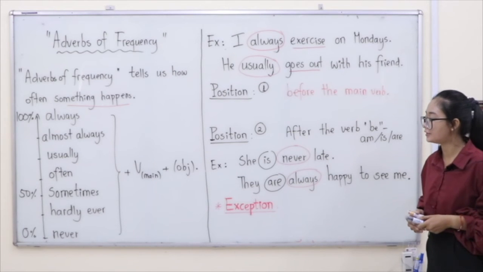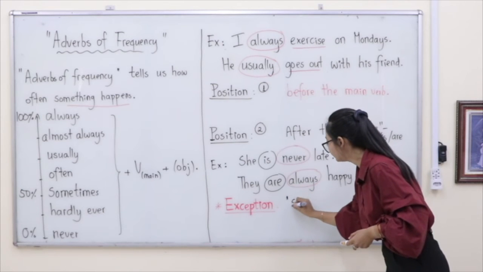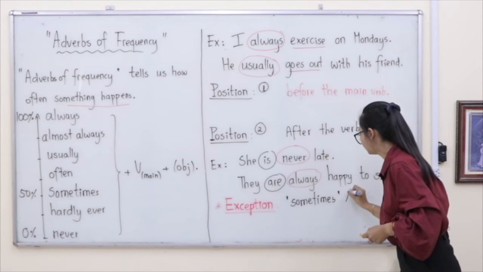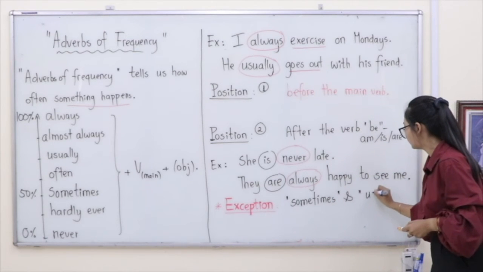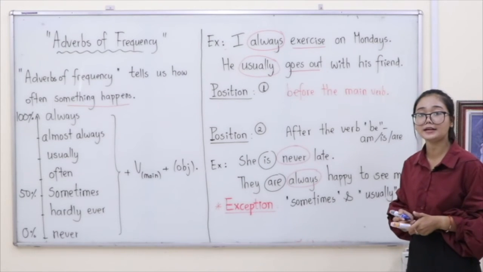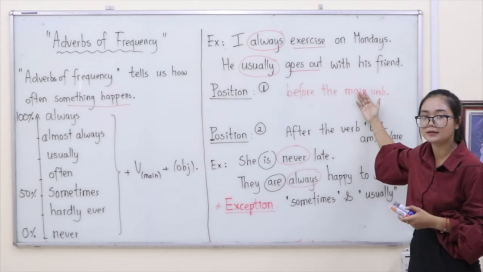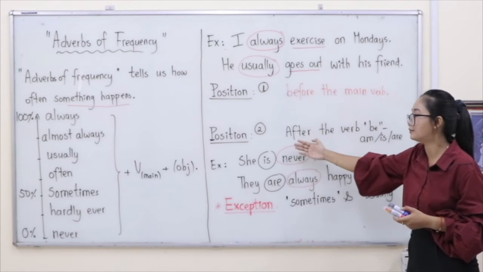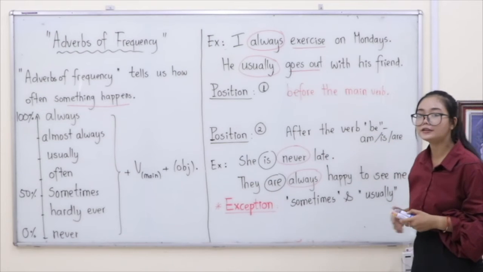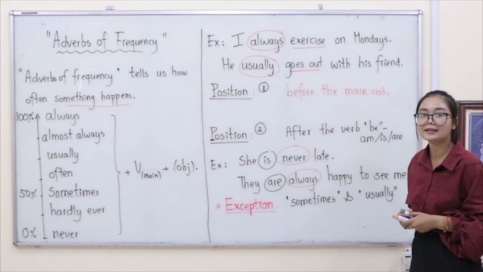Finally, let me tell you the exception. So what are the exceptions? From what we talked about today, we use the adverb of frequency before the main verb or the main action. Number 2, we use this after the verb be. But for the exceptions to this rule, usually and sometimes can begin a sentence.